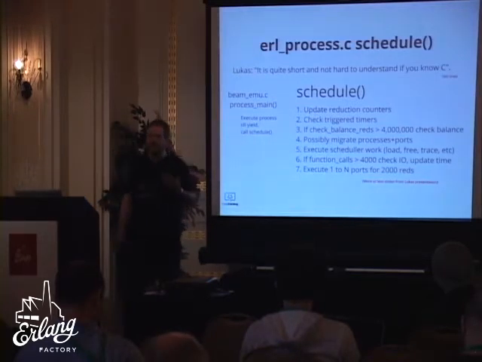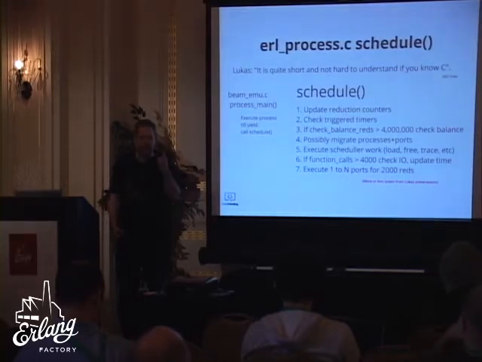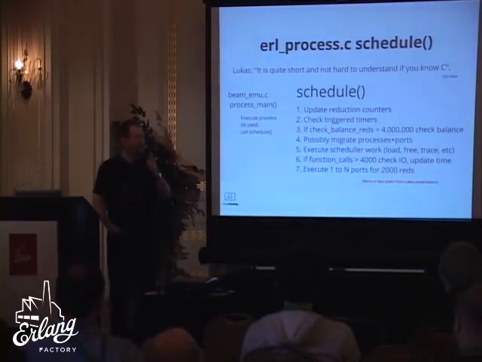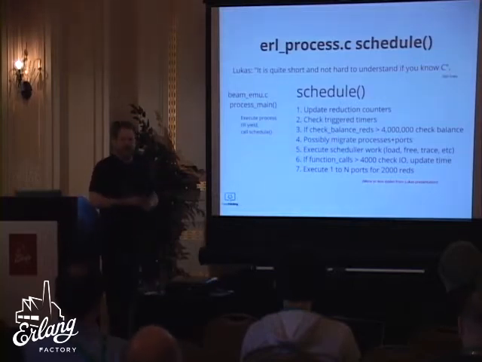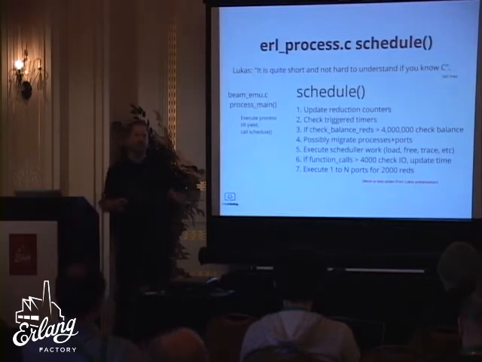First, it updates the reduction counters. And this sounds like a simple thing. It's one reduction counter. No, there are like 7 variables that get updated with this reduction count in different views of it. And then it checks whether any timers in the timing wheel have triggered.